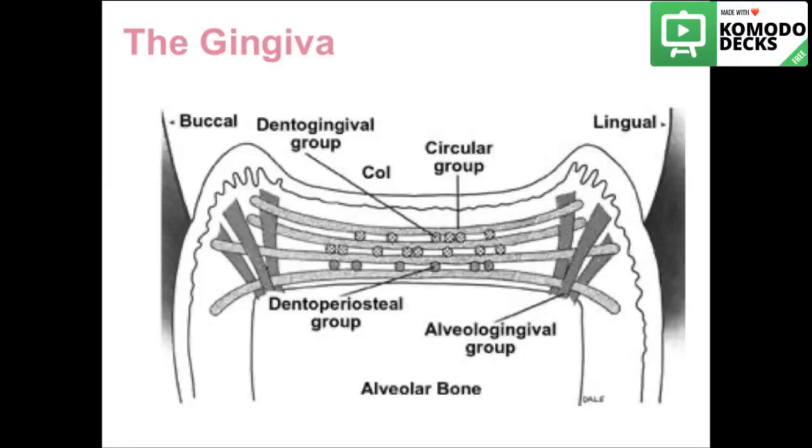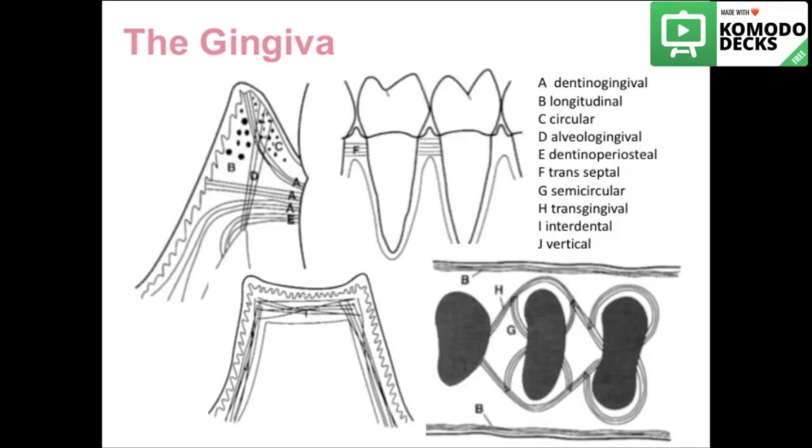The submucosa of the col constitutes a group of principal fibers tying the teeth together. These are the groups of the principal gingival fibers.